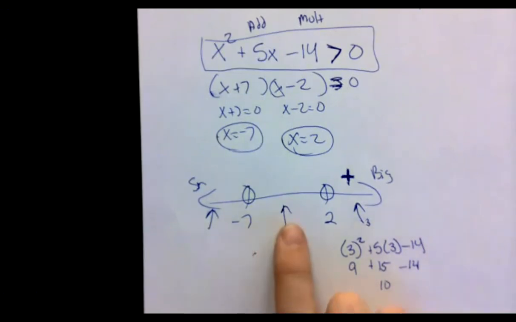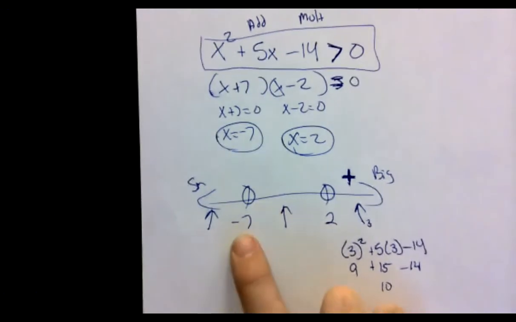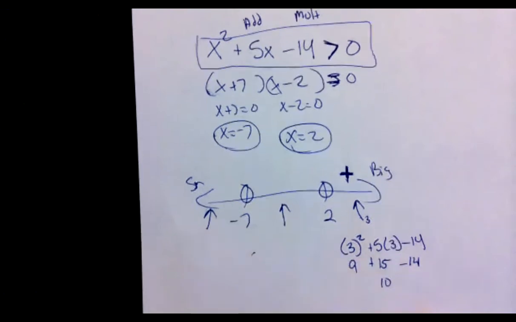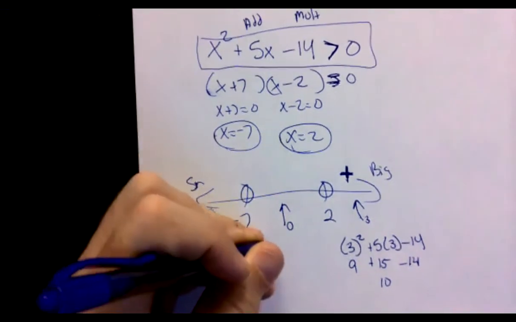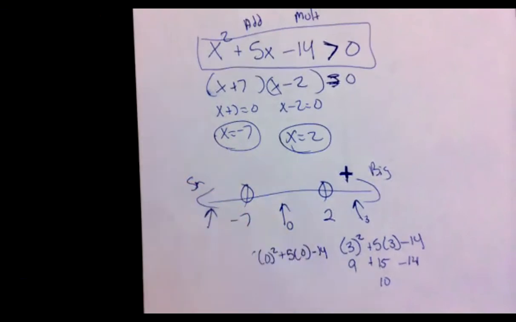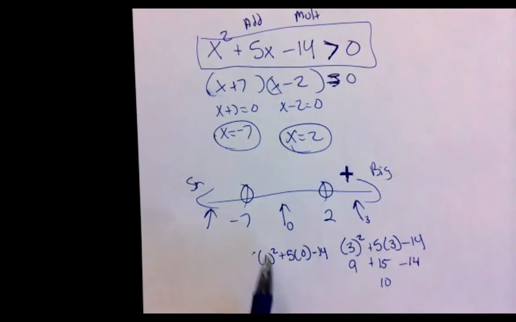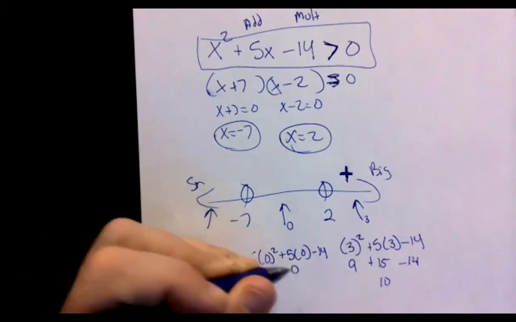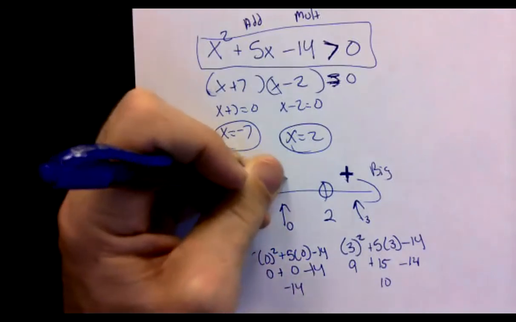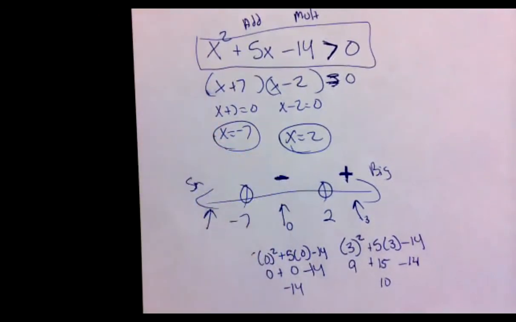Okay, again, if I pick a number in between, anything between positive 2 and negative 7 would work, like 1 or 0 or negative 5 or negative 6. I'm going to plug in 0. Zero squared is 0. 5 times 0 is 0. 0 minus 14 is negative 14. So again, that's going to generate a negative solution.